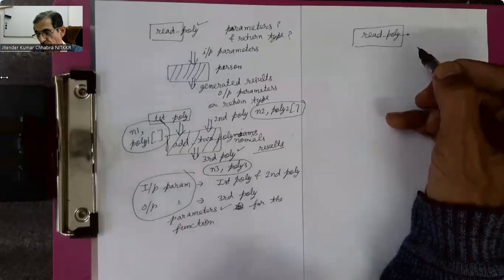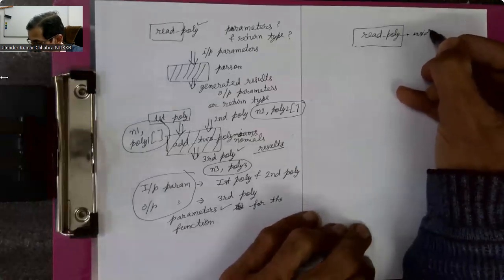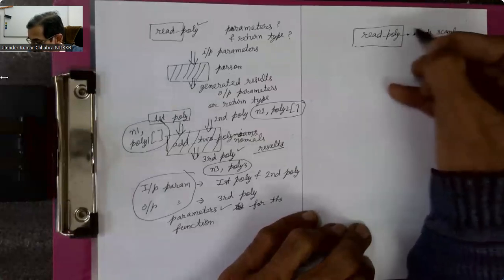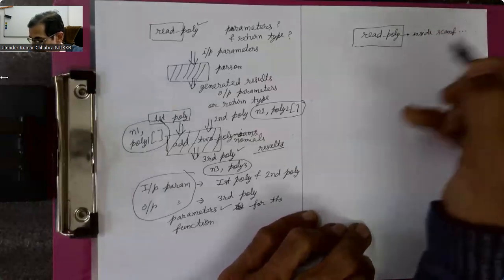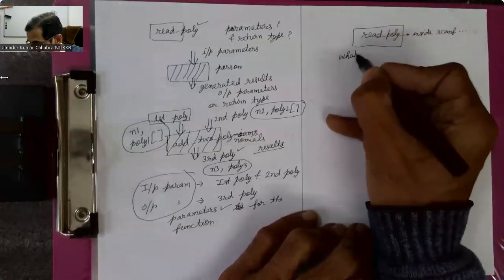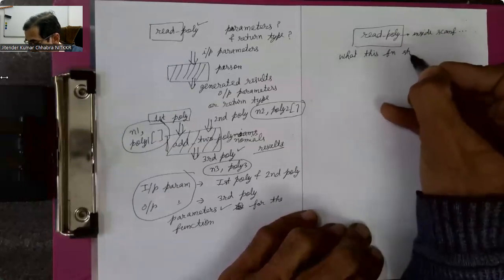One polynomial was to be read, and the second was partially generated previously. But if I want to read, obviously scanf will be inside this function. Then the question is, what should this function be supplied from outside, by main?